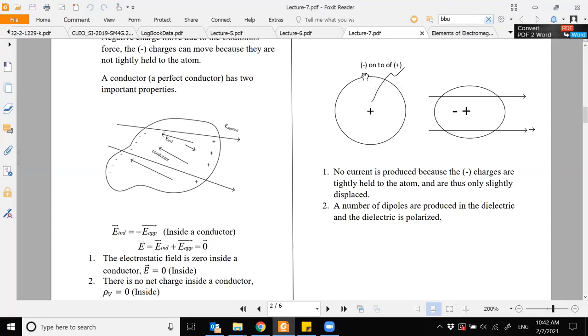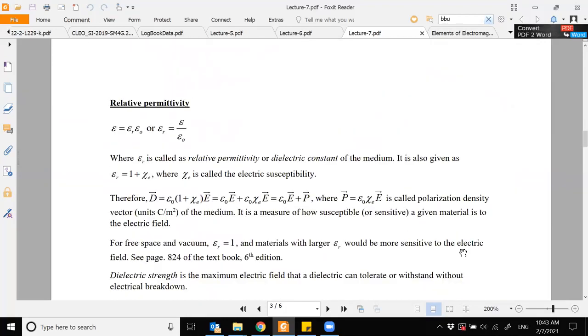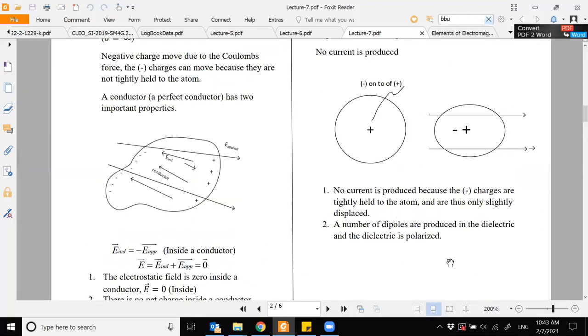Here it was neutral, nothing was there, but now the distance has increased because of this influence, and so the dipole will generate its own electric field. That's why a number of dipoles are produced in the dielectric material, and we say that the dielectric material is polarized.